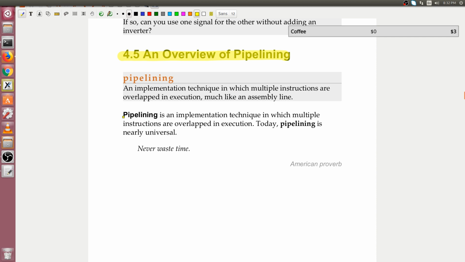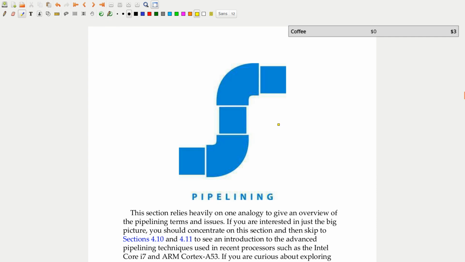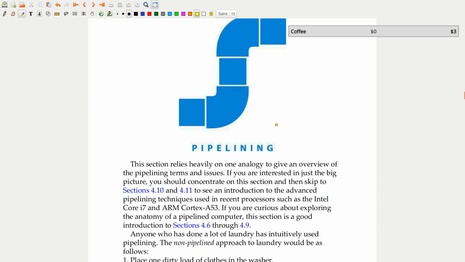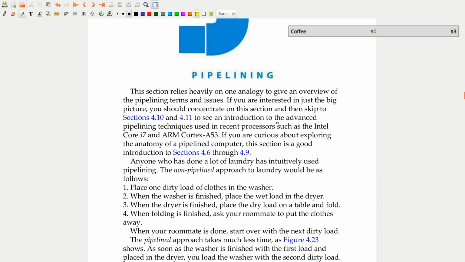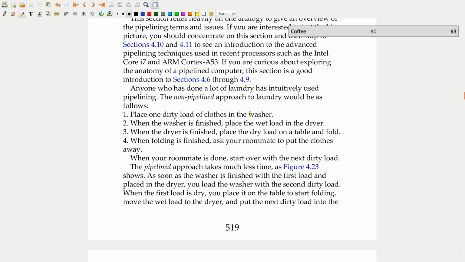So when we talk about pipelining, what do we mean? So pipelining is an implementation technique where multiple instructions are overlapped in execution. So pipelining is universal. That's what we're trying to say. Anyone who has not done a lot of laundry has intuitively used pipelining.